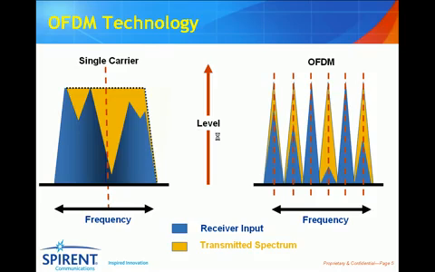This diagram actually compares a traditional single carrier with OFDM. On the left, we can see that using a single carrier transmitting a symbol, if there is interference in the signal, enough of the signal can be degraded so that it's impossible to receive that particular symbol or piece of information correctly. However, if we look at the OFDM methodology, you can see that multiple frequencies are being transmitted in parallel.